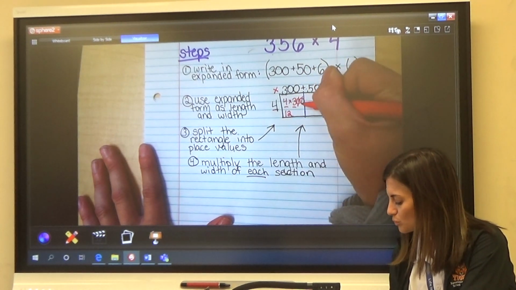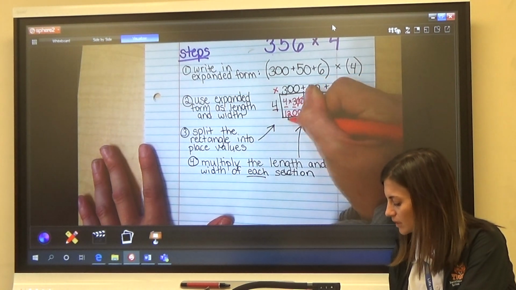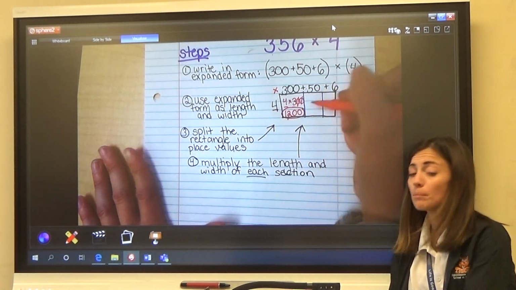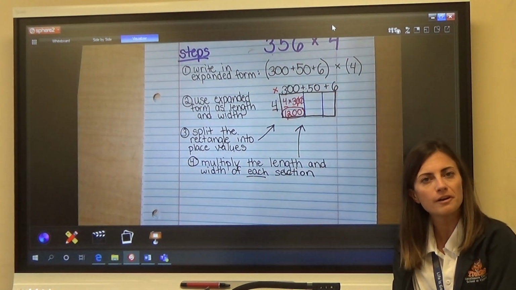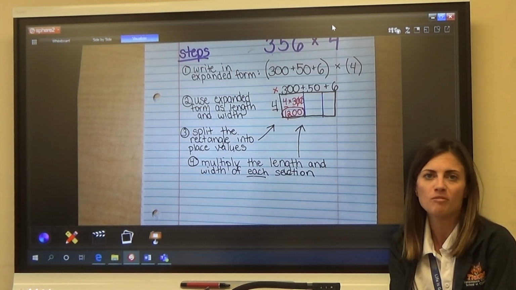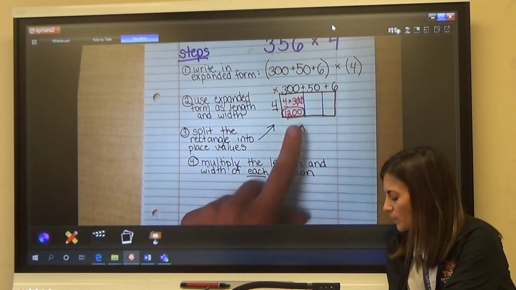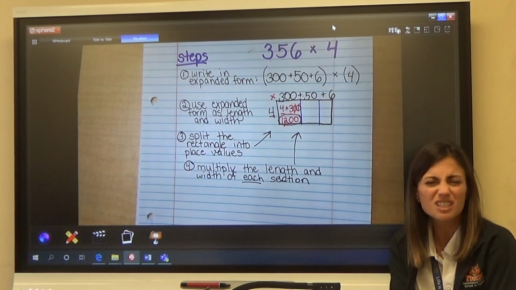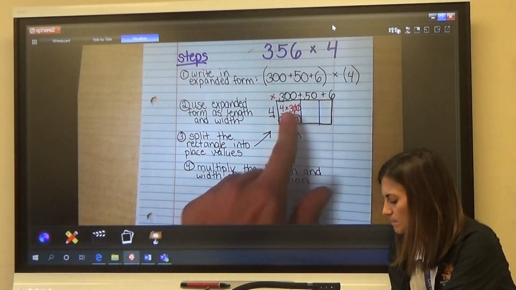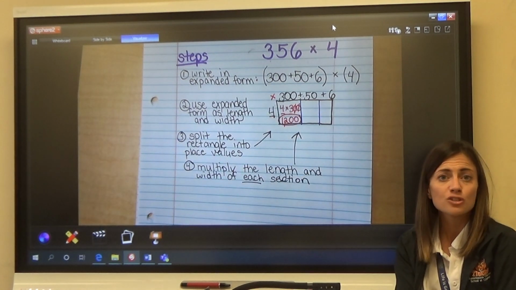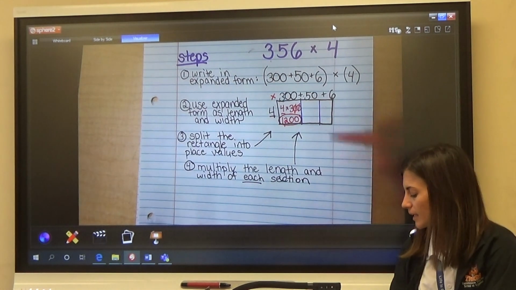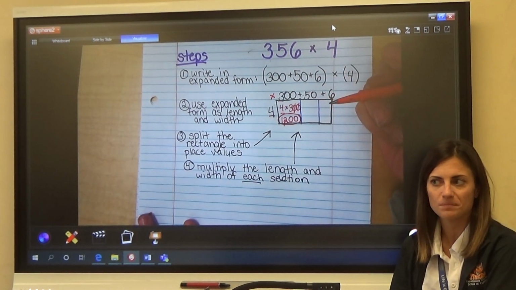And then I have 2 zeros. So I call this a partial product. It's not my final product, but it's part of my product. So always circle your partial product so it doesn't get mixed up and lost in this box of numbers here. So my first partial product is 1,200.